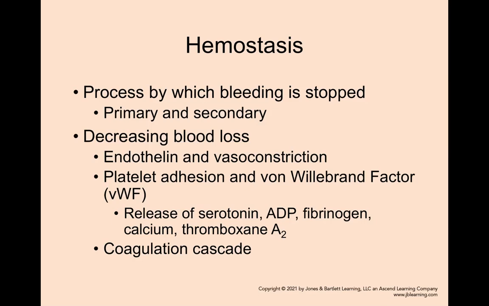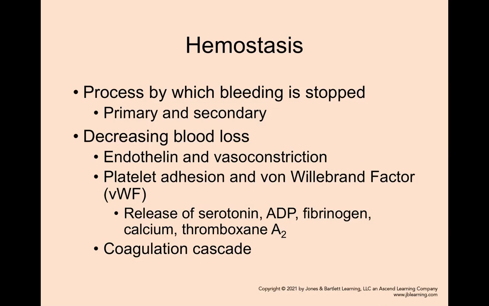The intrinsic and extrinsic pathways. There's two pathways, the intrinsic and the extrinsic. Injured blood vessels trigger the extrinsic pathway factor, which activates factor 7, which then activates factor 10. Then that leads to thrombin activation.